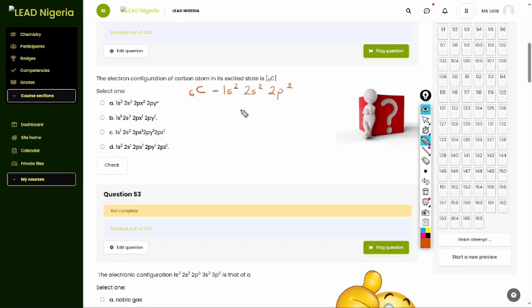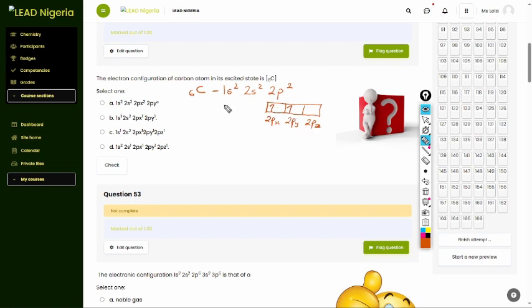Our primary concern is the p orbital here. The p orbital has 3 sub energy levels, called x, y, z. So this is 2px, this is 2py, and this is 2pz. Remember that there are 2 electrons here, so 1, 2. So this is the neutral carbon atom.